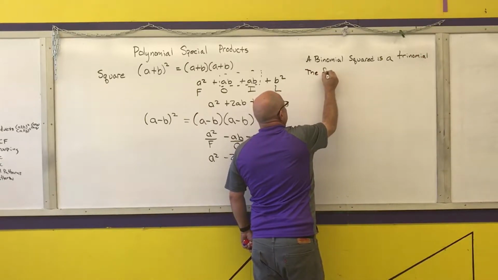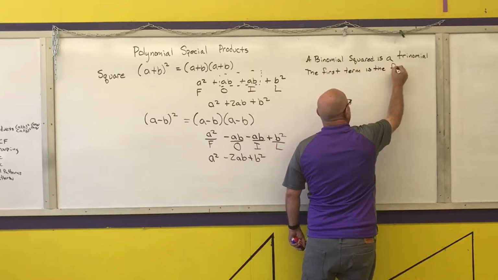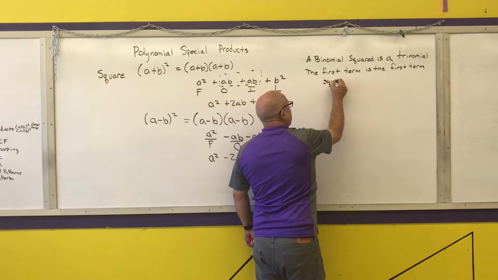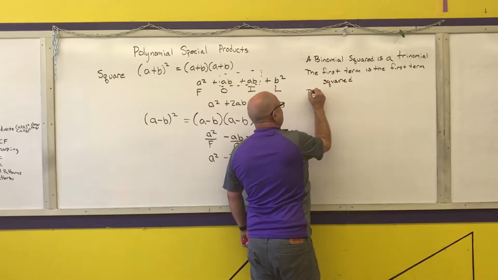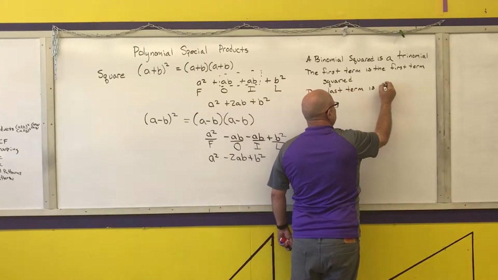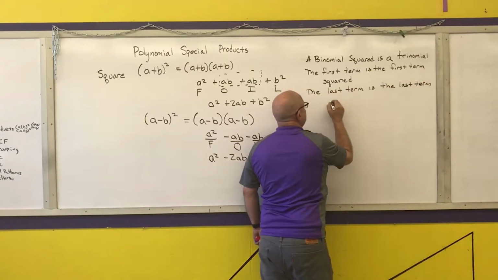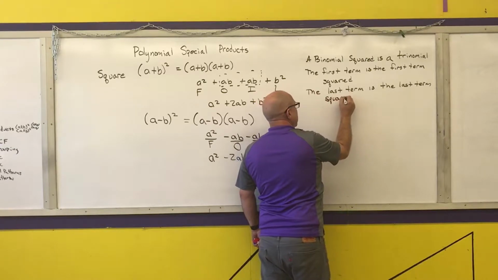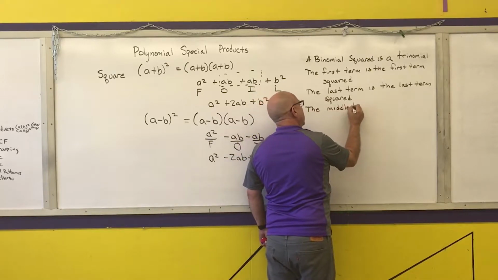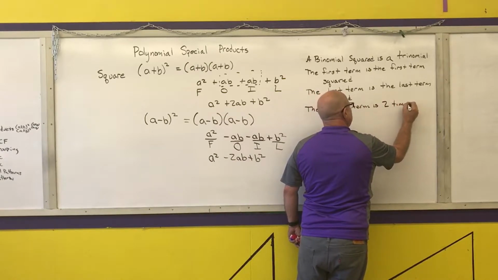The first term is the first term squared. The last term is the last term squared. The middle term is 2 times their product.